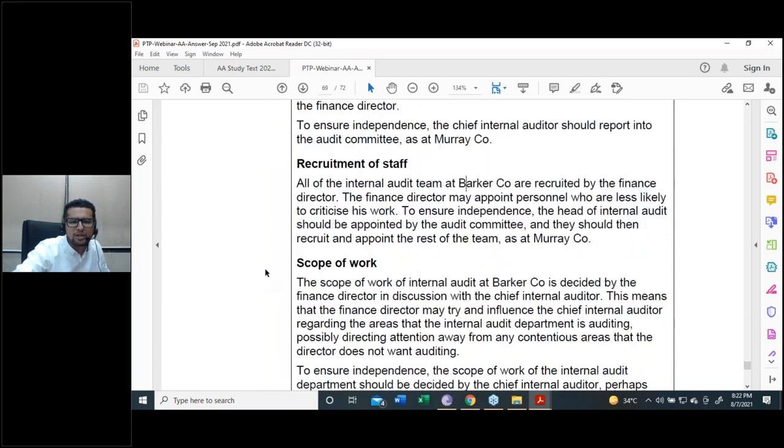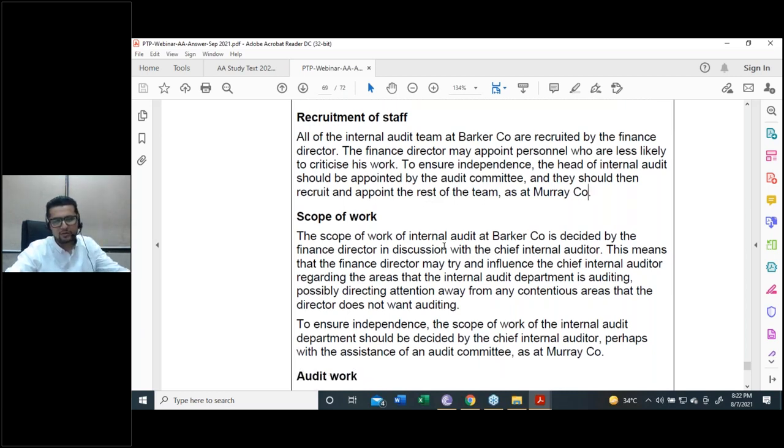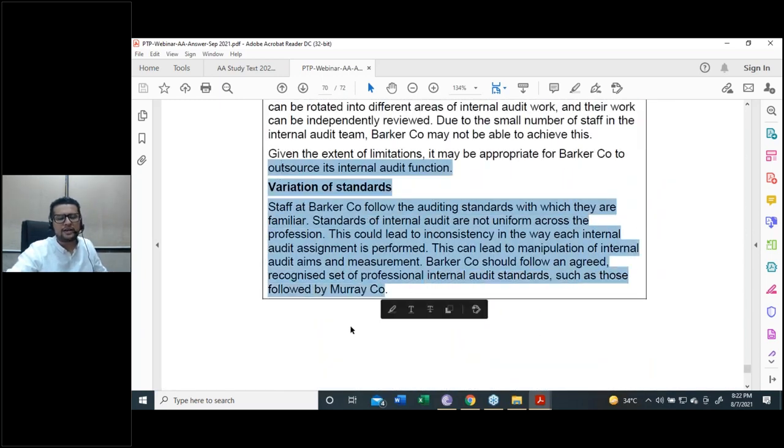With similar logic, please read recruitment of staff. Who appoints staff at Barker and who appoints the staff at Murray? On a sample basis, let's read this variation of standards.